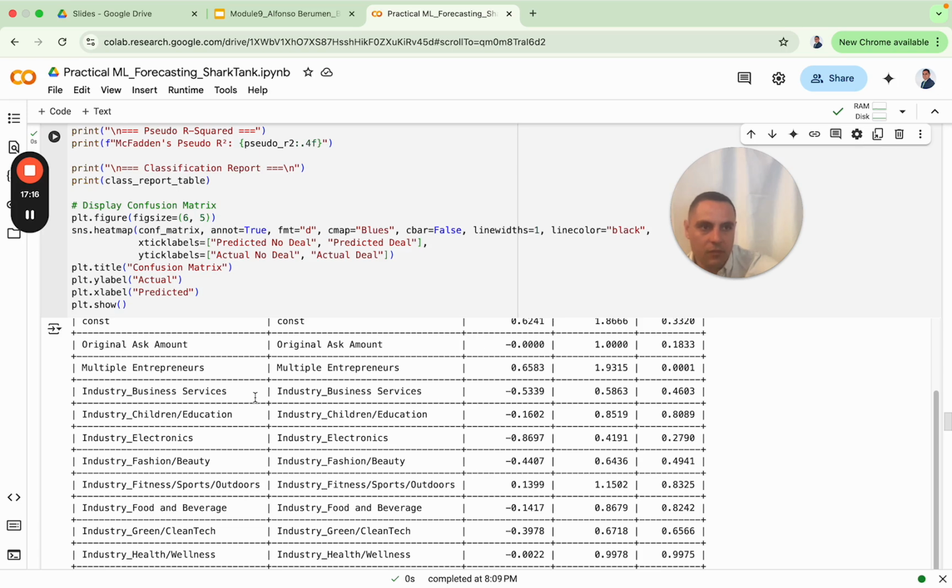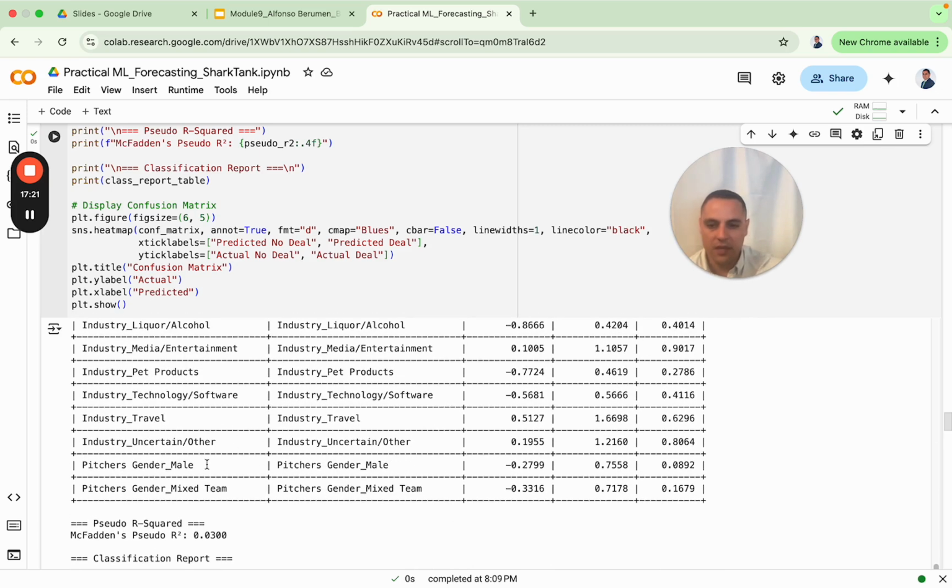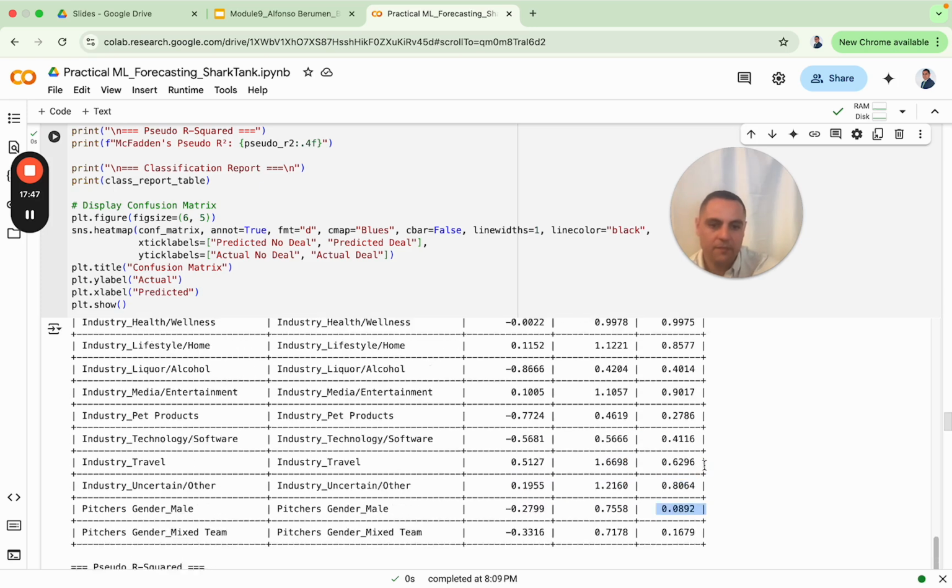And you can keep going and look at these individual industries, but let's look at the gender as well. So the gender, how would we interpret this? So in fact, for gender, male-only teams, you see this result here, they have a slightly lower odds of getting a deal. But wait, we need to look at the p-value again.